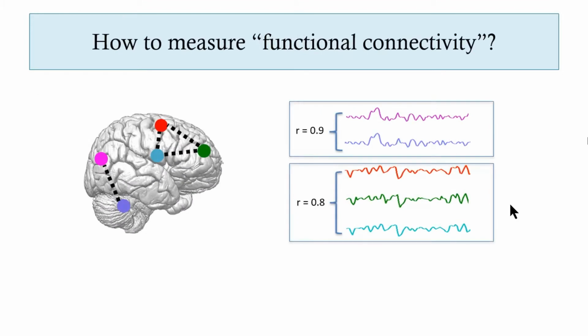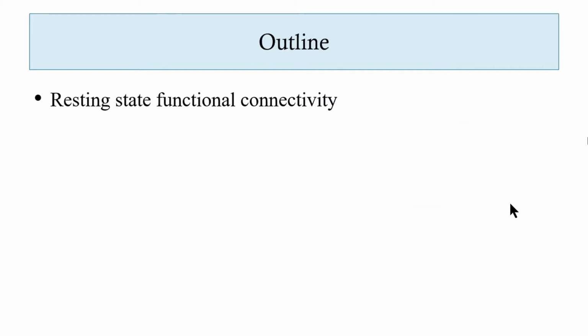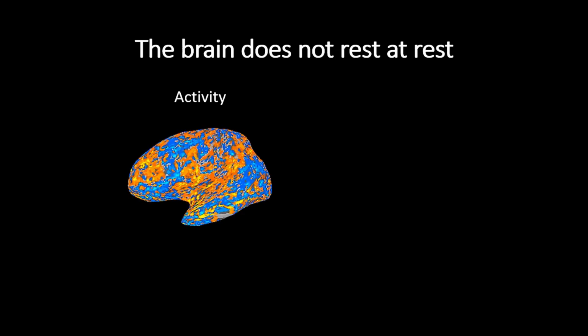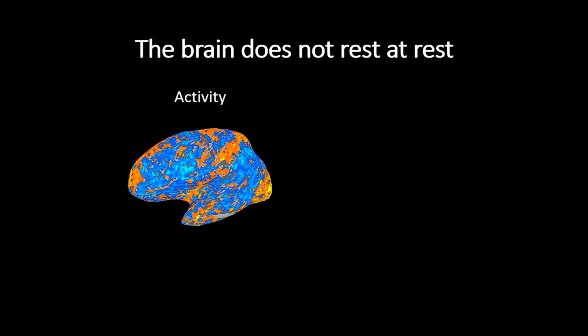That underlying connectivity is a result of some sort of an inference. It does not have to be the structural connectivity, but sometimes these two correspond pretty well to each other. Most of the time, when we analyze functional connectivity, we use the resting state. In resting state, we know that the brain does not rest at rest.